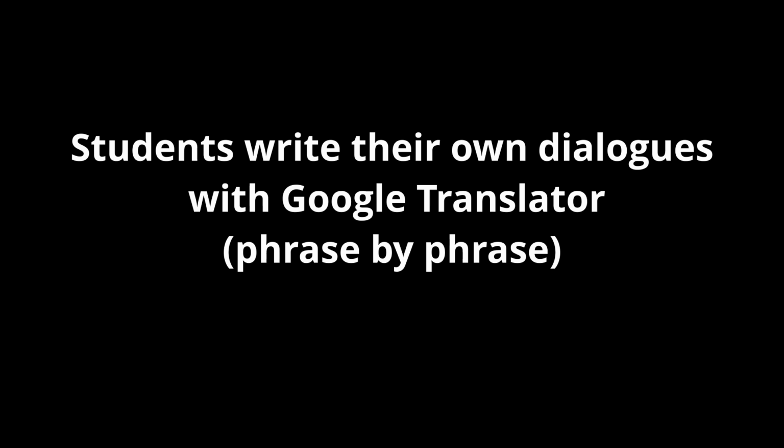They write short dialogues in their mother tongues, something they would want to say in German. Then with Google Translator, they translate their text into German phrase by phrase, not word for word, phrase by phrase. If possible, their teacher or another native speaker can check the translation. Then they practice with a partner or act it out in class.